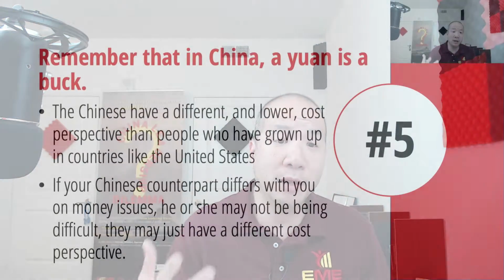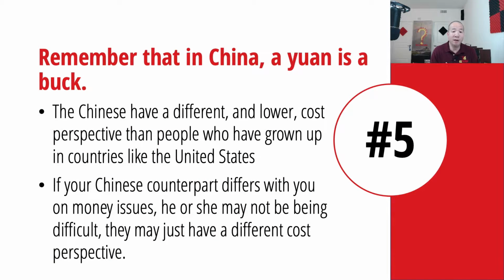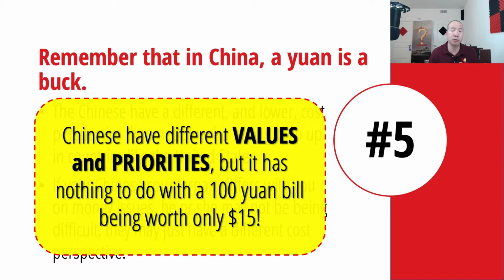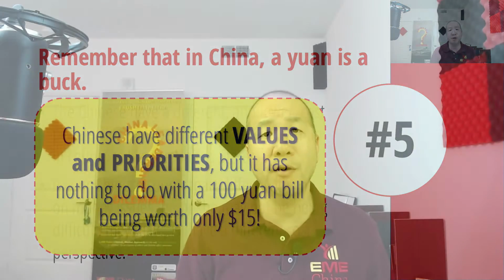So it's basically saying that your Chinese counterpart will have different views with you regarding money, but it uses the currency, the bill, as an analogy for that. So I don't know if I agree with this analogy, but it's basically true that Chinese have different values and different priorities.